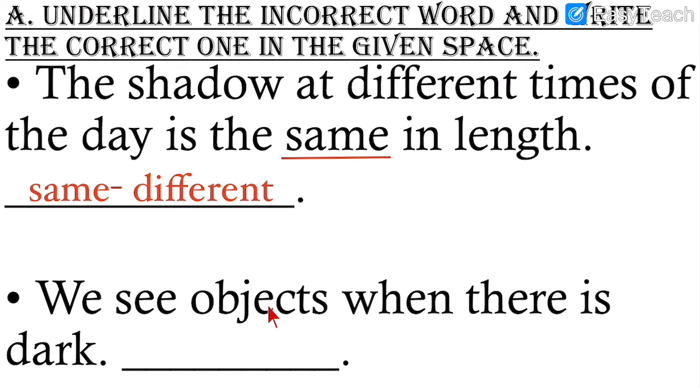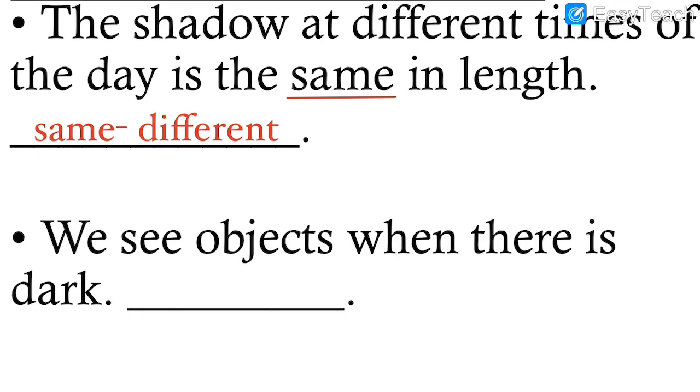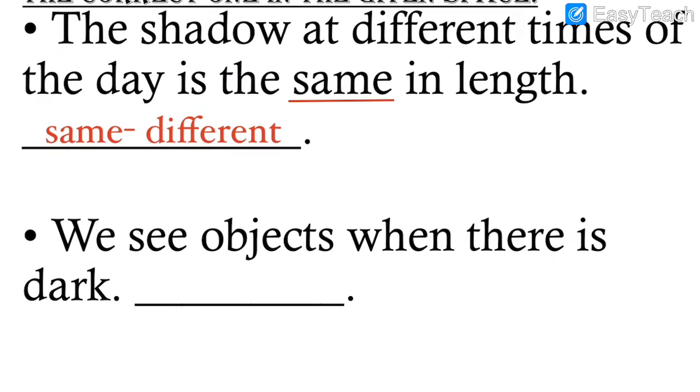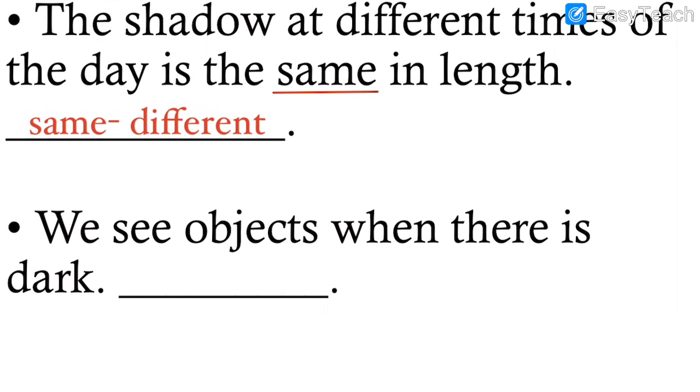Number 2. We see objects when there is dark. No. When can we see the objects? Do we see the objects when it is dark? No, it is wrong. We see the objects when there is light, not when there is darkness. So instead of dark, what shall we write? Light. Let us replace that word.